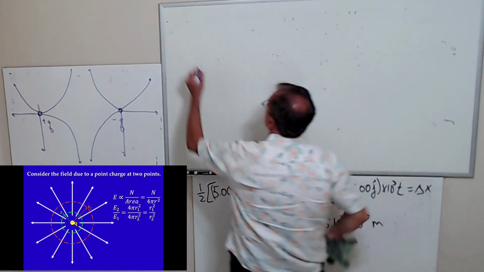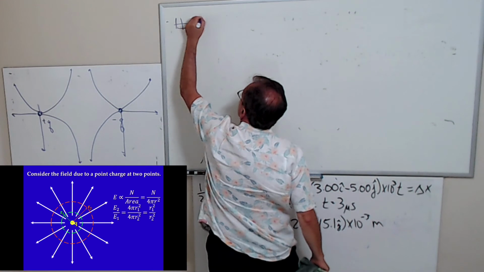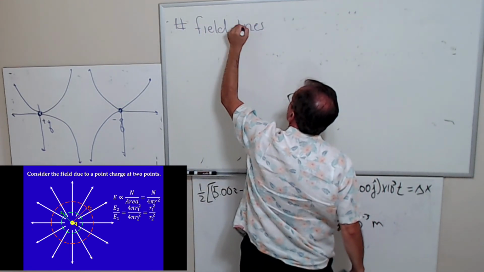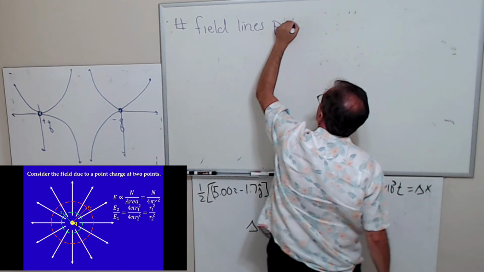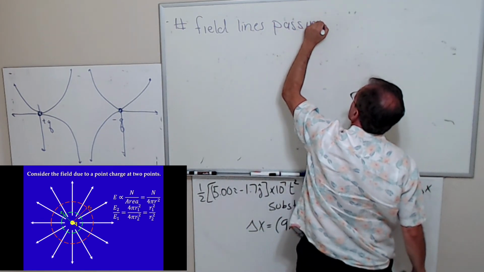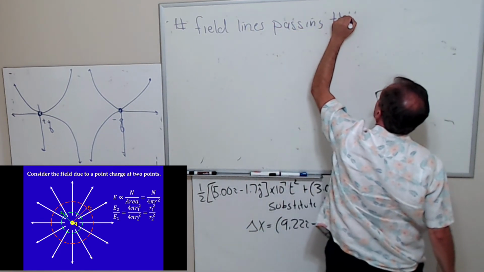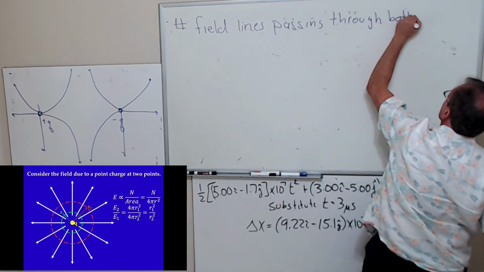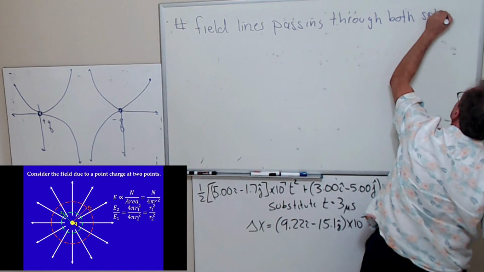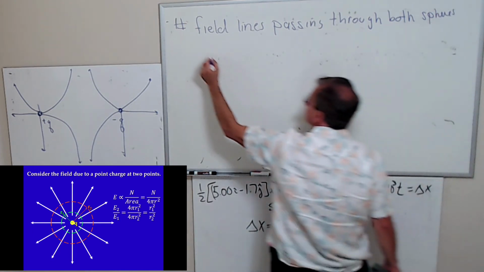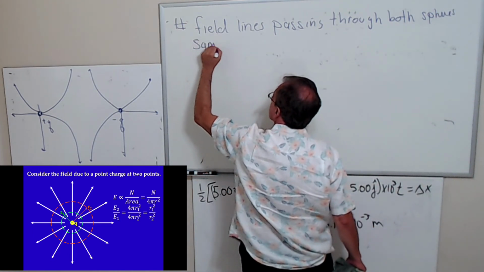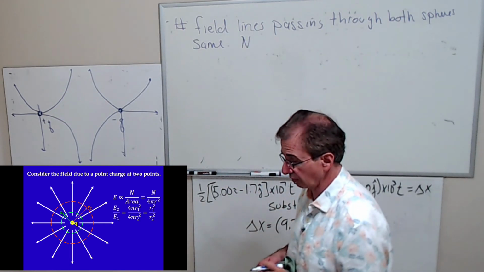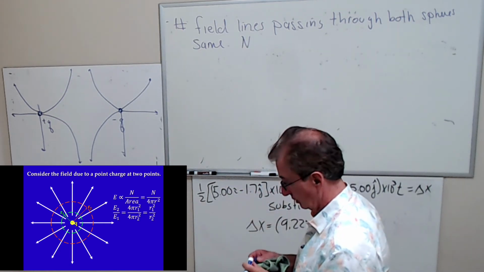The number of field lines passing through both spheres is the same, and we'll just call it n. We'll call n the number of field lines going through each one of those two surfaces.